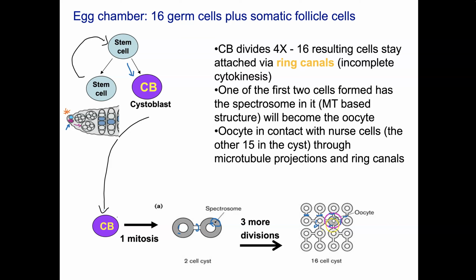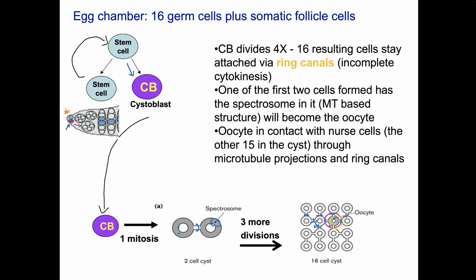It can be recognized by the fact that it has this visible microtubule-based structure in it, but it also is one of the 2 cells that has 4 ring canal connections to the others. So it has the maximum number possible of connections to the other cells.